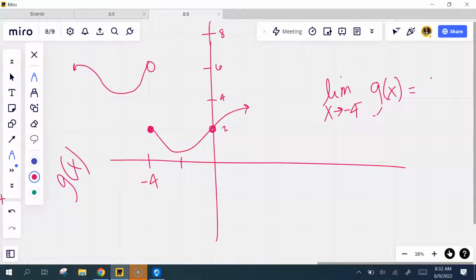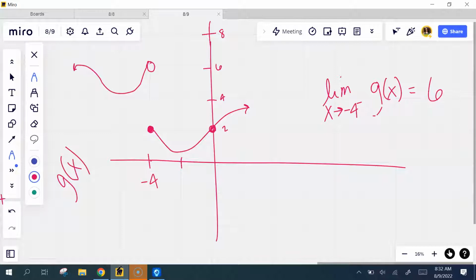It's just 6. I'm coming in from the left-hand side, getting closer and closer to -4, so I take the y value there. Even though the point's not defined there, the limit is defined. Your point doesn't have to be defined for your limit to be defined.